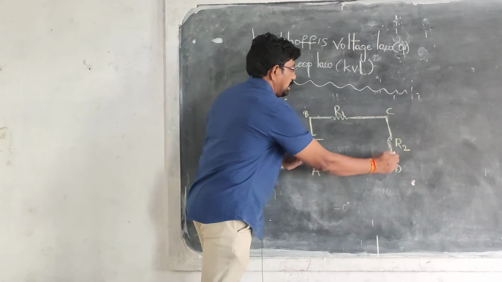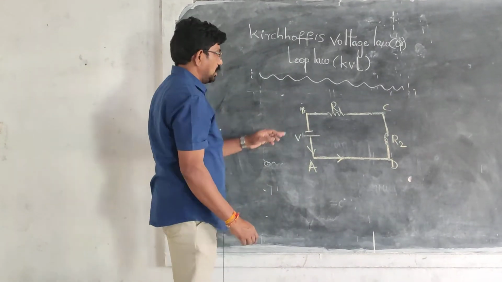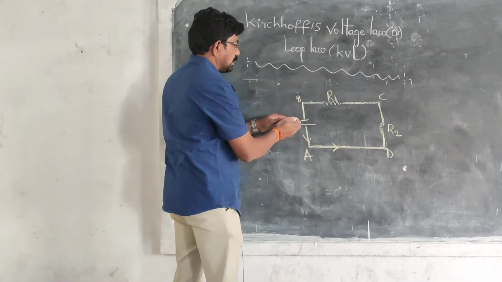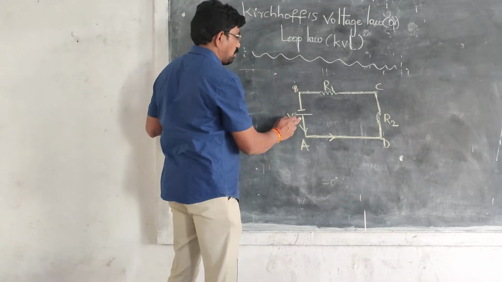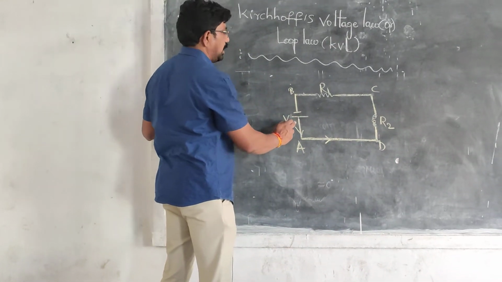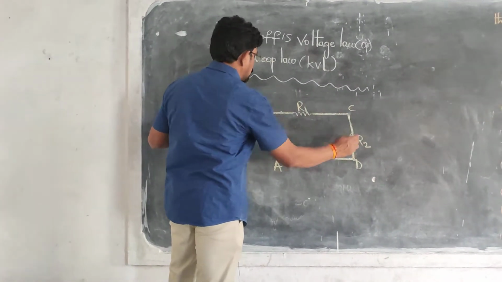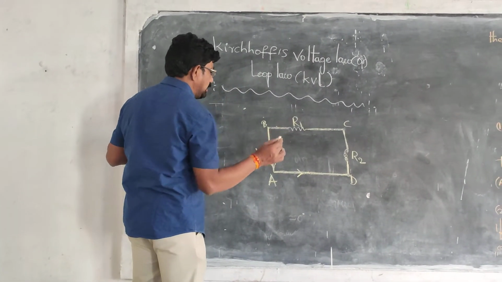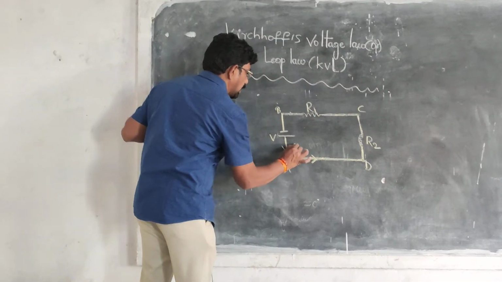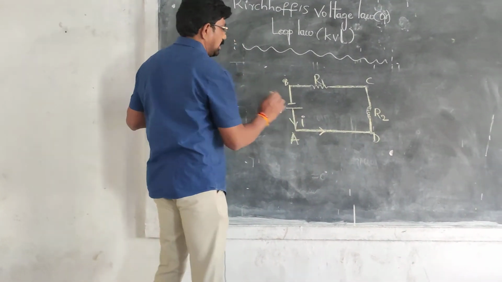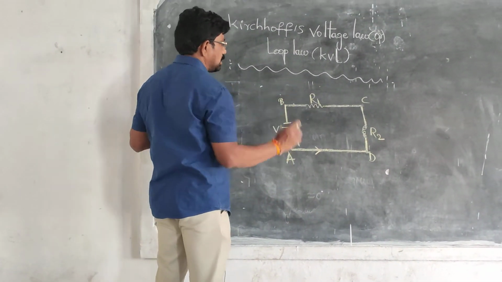A, B, C, D is a closed circuit. In this circuit, there are three components. One is the power source, that is voltage V, and a resistance R1, and another resistance R2. Let I be the current flowing in the circuit.